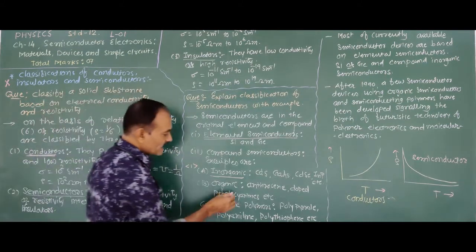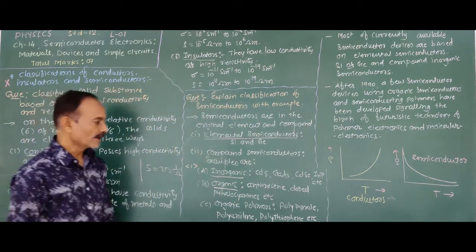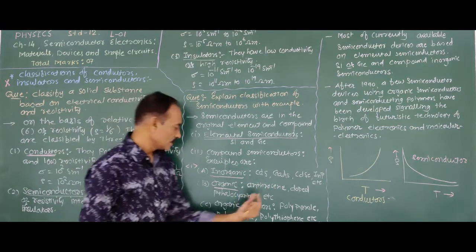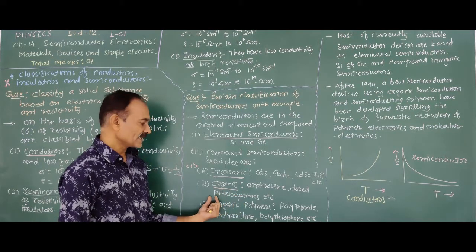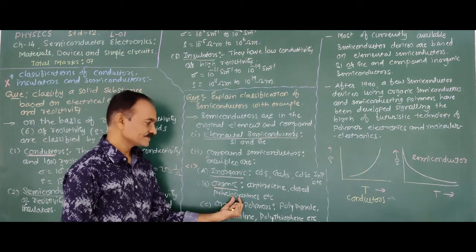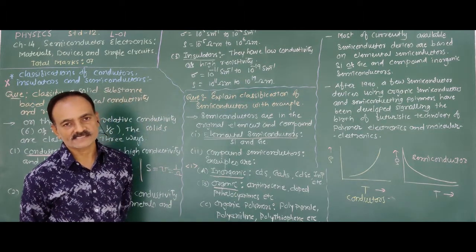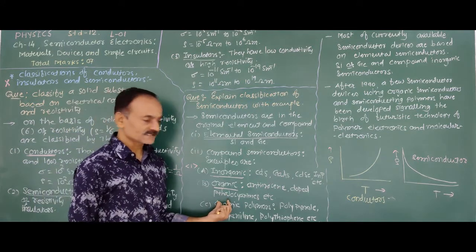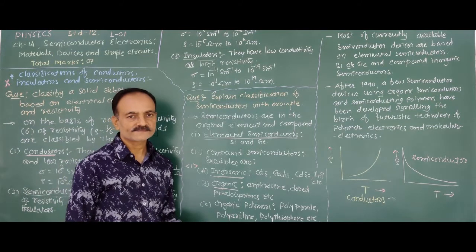Now, organic semiconductors are anthracene, doped phthalocyanines, etc. Anthracene and doped phthalocyanines are organic semiconductors.